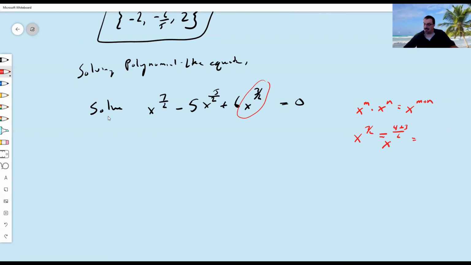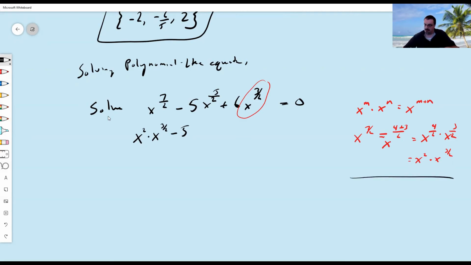What that really means is x to the 4 halves times x to the 3 halves, or x squared times x to the 3 halves. So x squared times x to the 3 halves, minus 5.